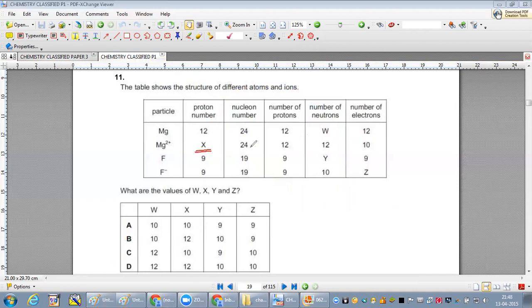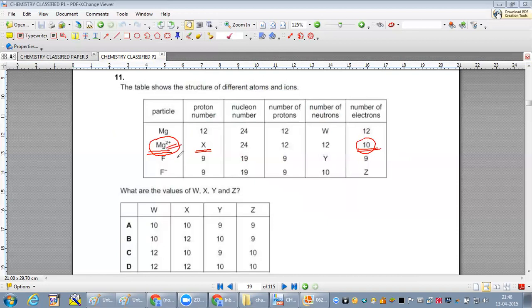Now magnesium. Magnesium is here, the charge given is +2. The number of electrons is 10. Because it has charge +2, it means there are 2 more protons than electrons, since protons are positively charged.